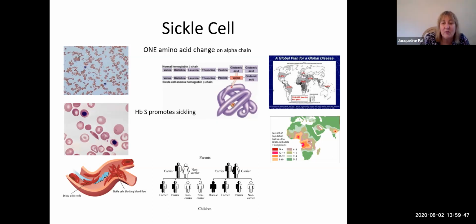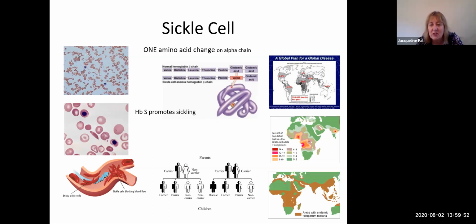Because not only in Africa, but if you also look in the Gulf areas as well as India and other Asian communities, look at where these brown areas are on this map, do you see how they correlate with the areas of the higher incidence of sickle cell? These brown areas are the areas that have a really high incidence of malaria, the organisms that cause malaria. And the problem with that is you start getting bit by the mosquitoes that carry malaria when you are an infant, when you are a child.